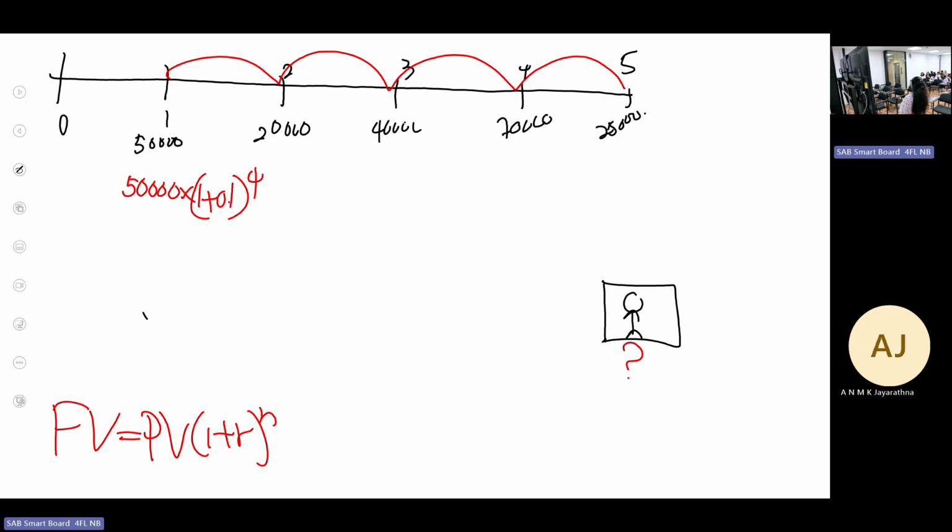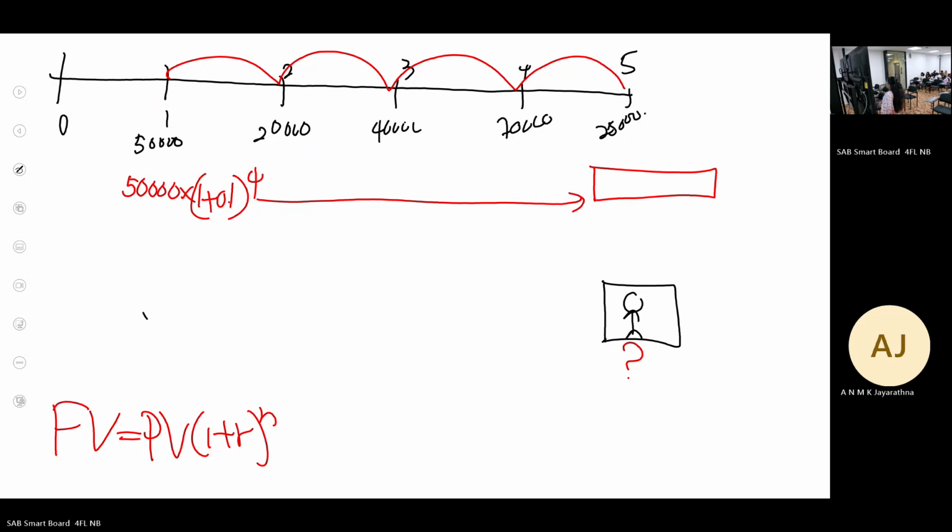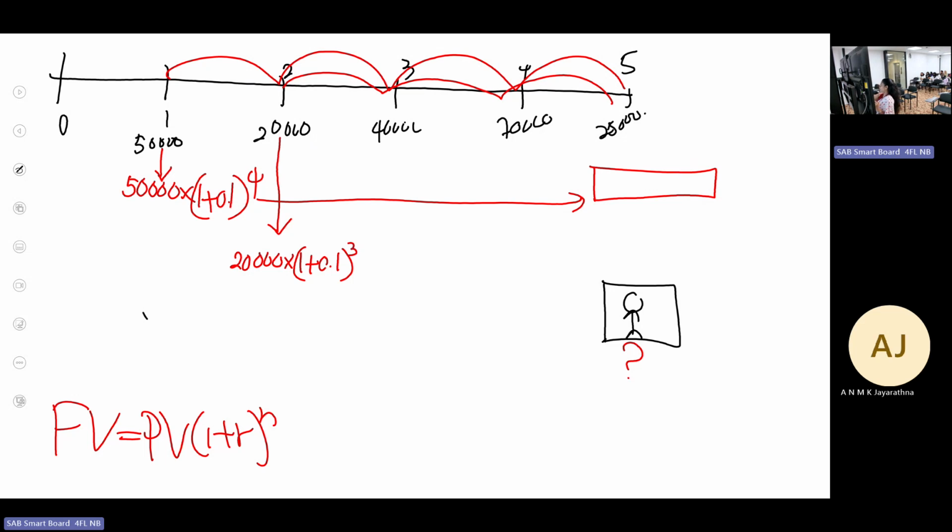4 times. Then take the balance here. Then the second one. Second year balance. 20,000 multiplied by 1 plus 0.12 to the power 1, 2, 3. 3.